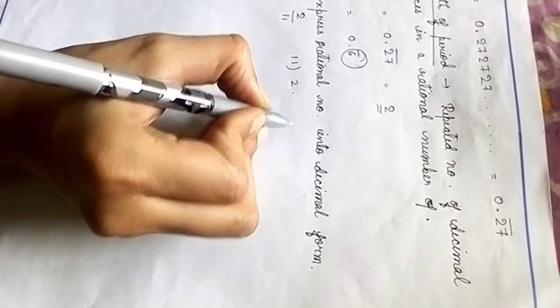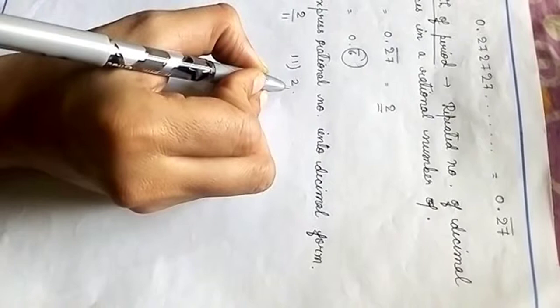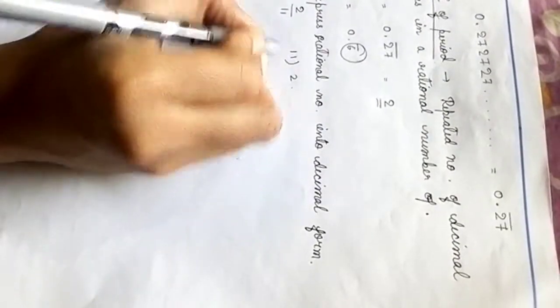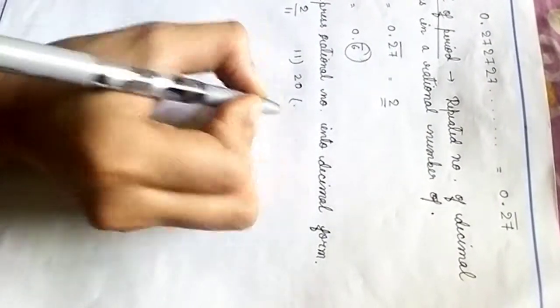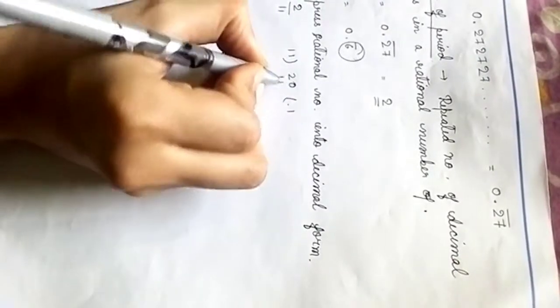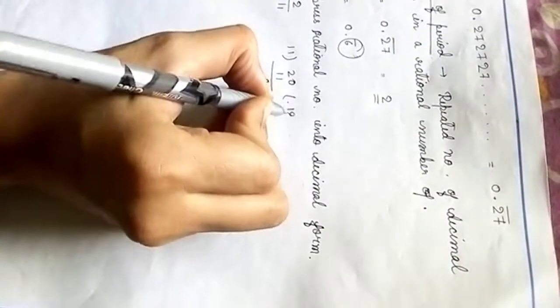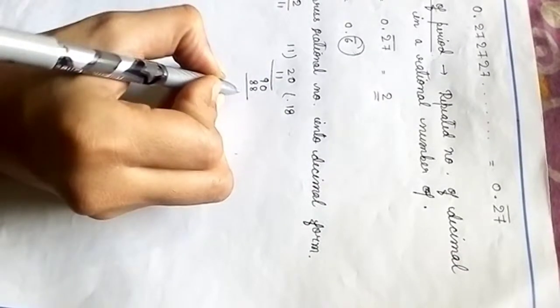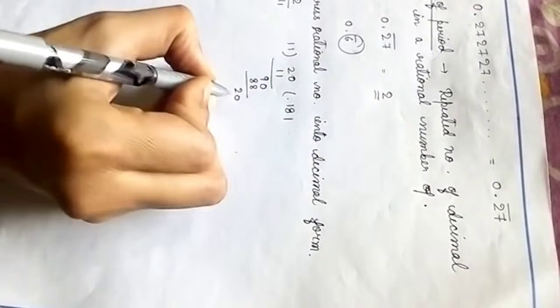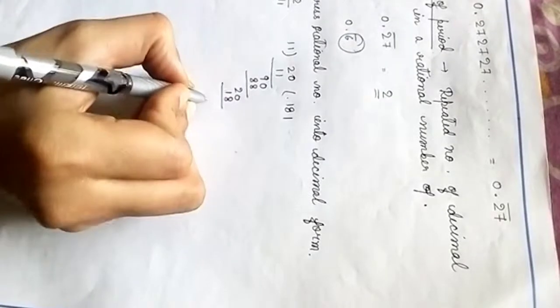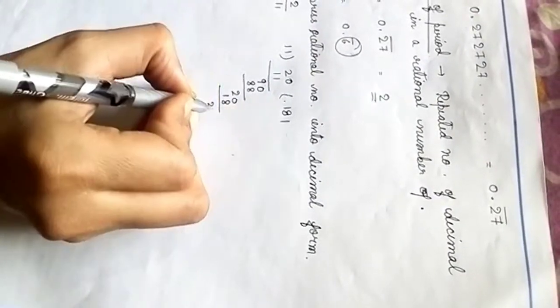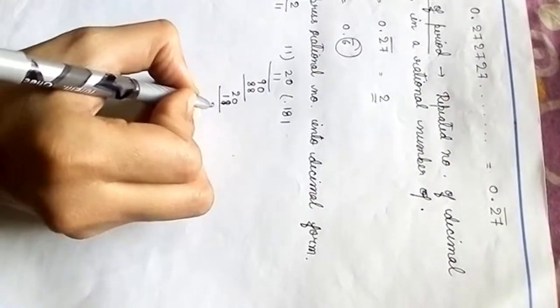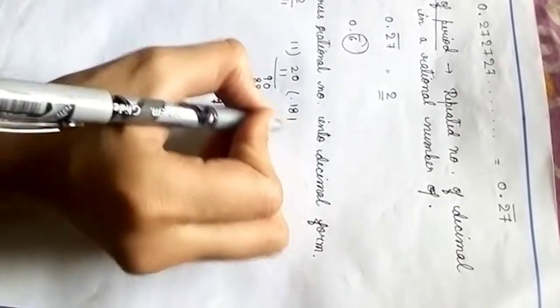ओके, वी विल डिवाइड 2 by 11. We know the long decimal from long division method from our very childhood. That is, we put a 0 here, then 9, 0, 8, 2, 0, 1, 10, then on, sorry, 9 then again 0.